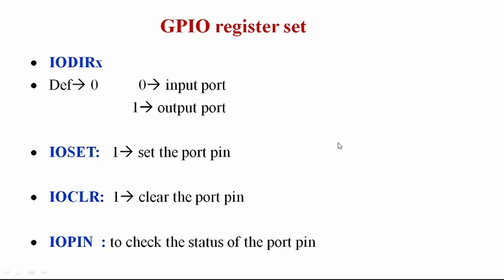The second register is called IOSET. IOSET stands for input output set. If you want to set any port pin, you use the register IOSET. For example, I want to set P0.0.